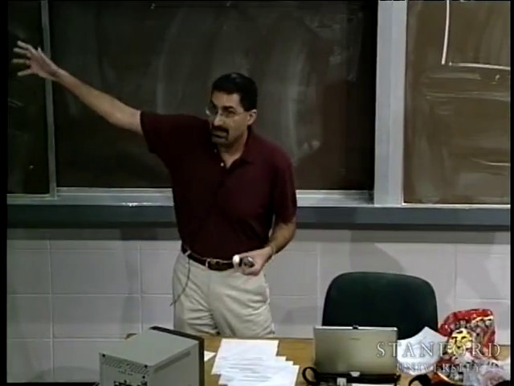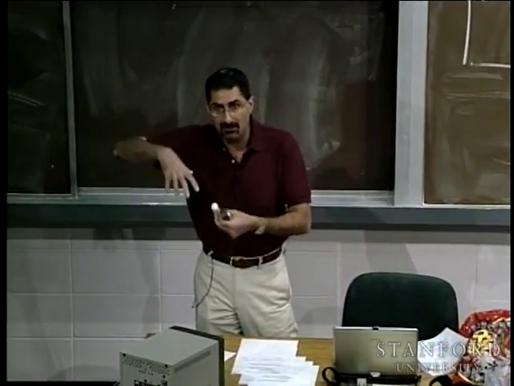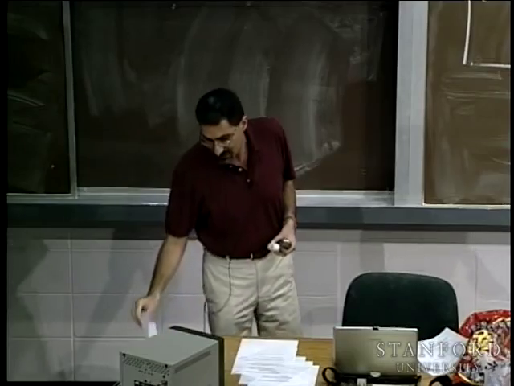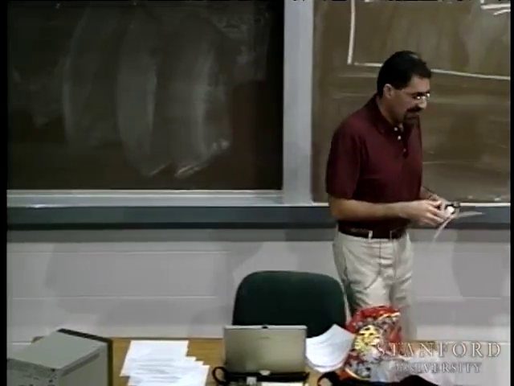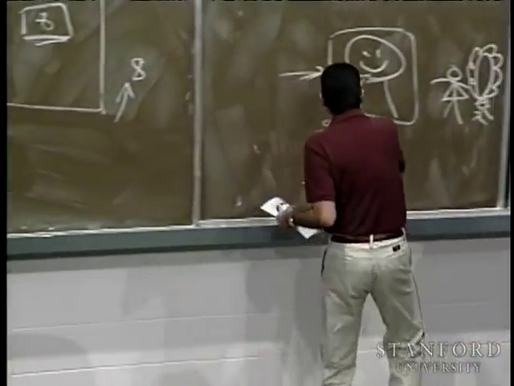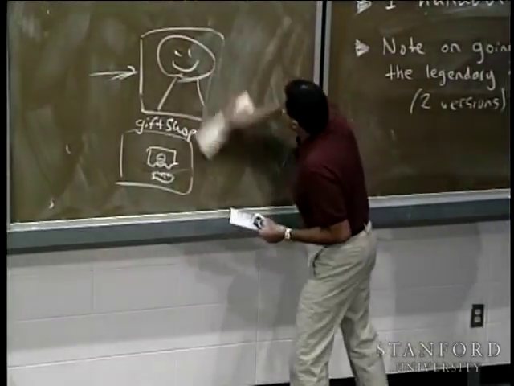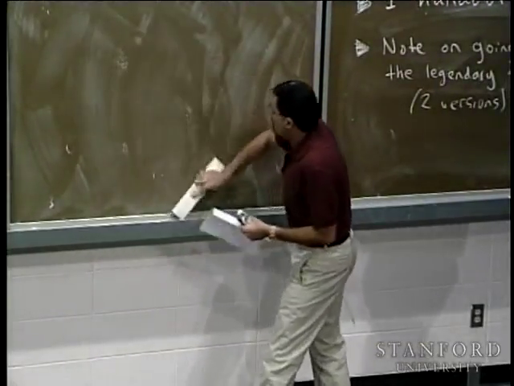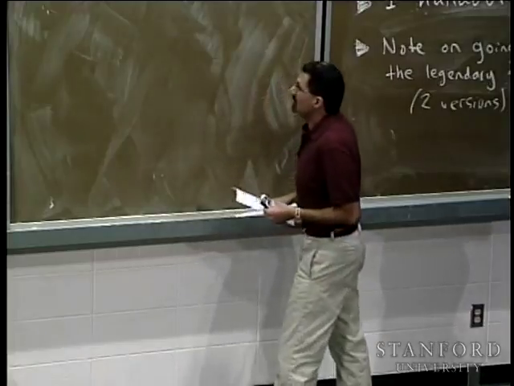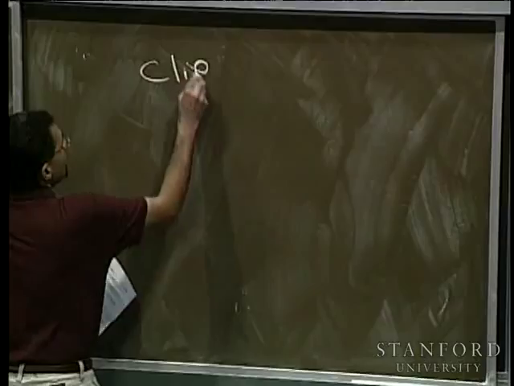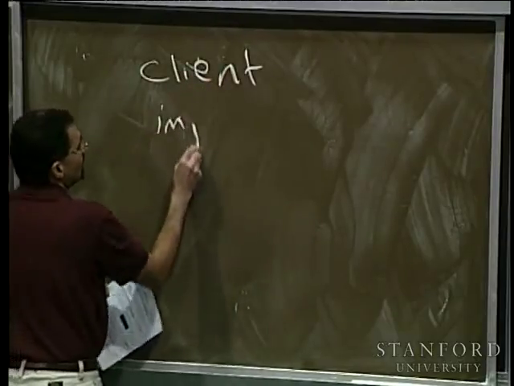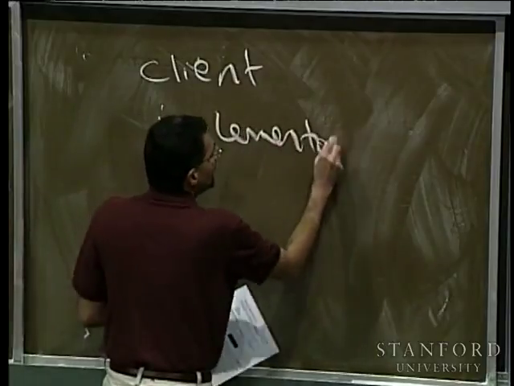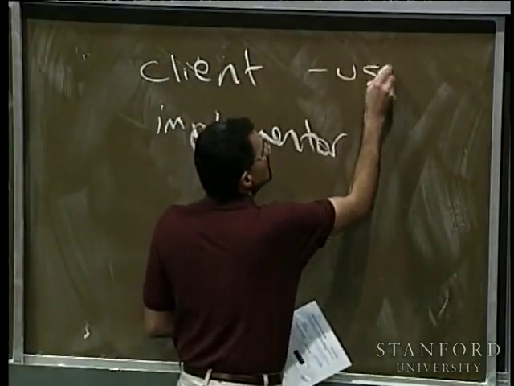So far we've been writing classes that have been one program, and now we want to think about writing multiple classes. But before we actually write multiple classes, we need to have a little bit more idea about using classes. Okay? When you have classes, there's a notion of being a client of a class and being the implementer of a class. The client of the class is basically the user of the class.